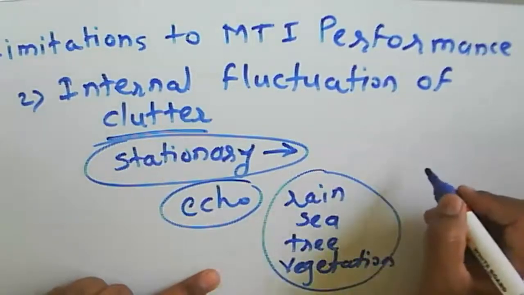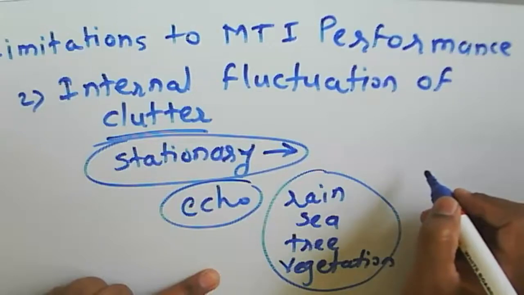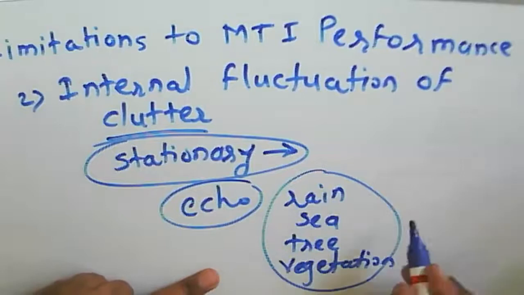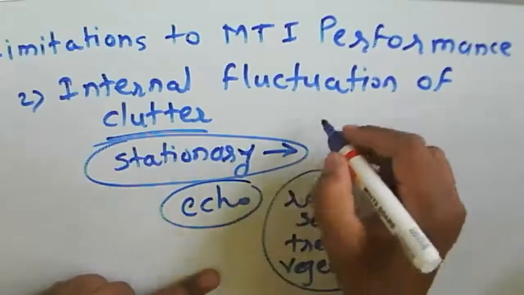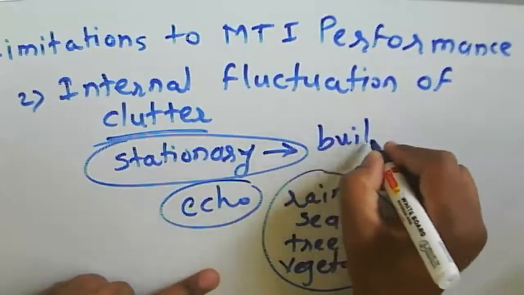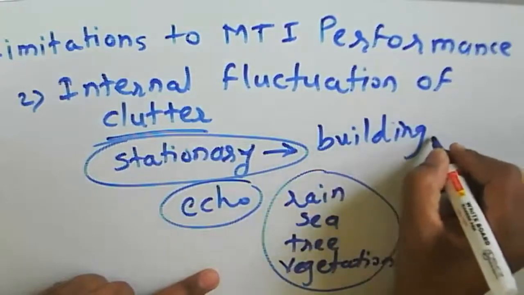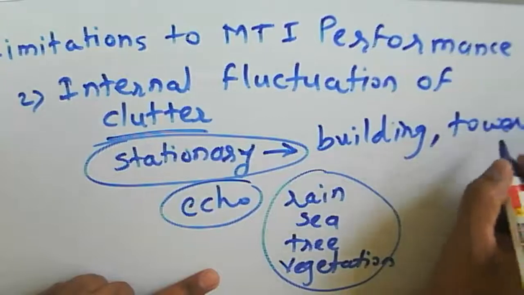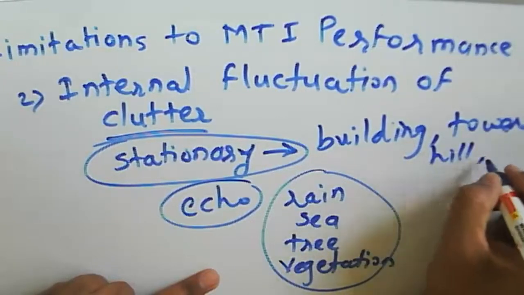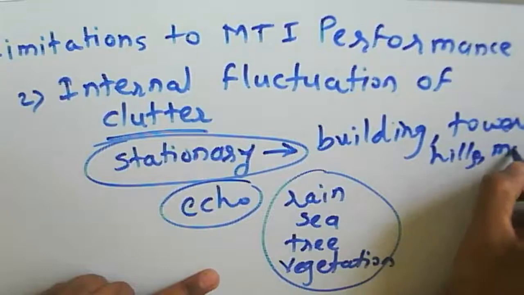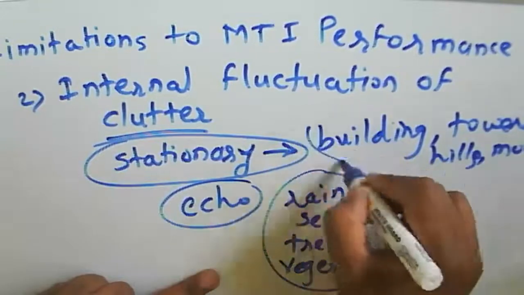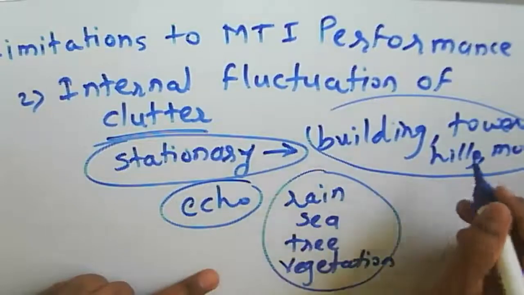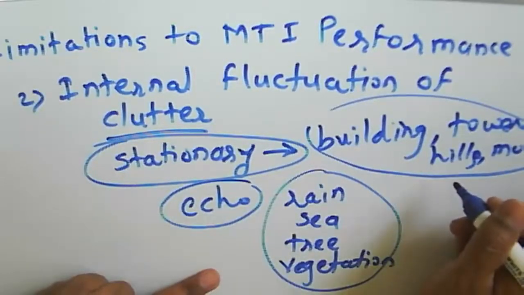Okay, so we are receiving the echo from the stationary objects, and it will be fixed. Just as if we are receiving from a building, a tower, hills, or a mountain, from this kind of stationary object we are getting the echo that is stationary.